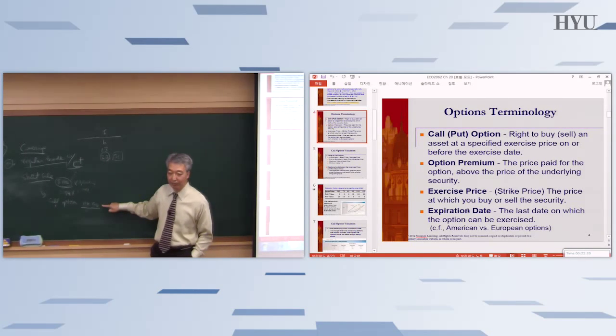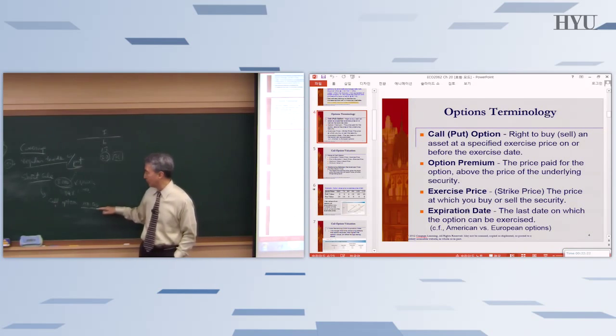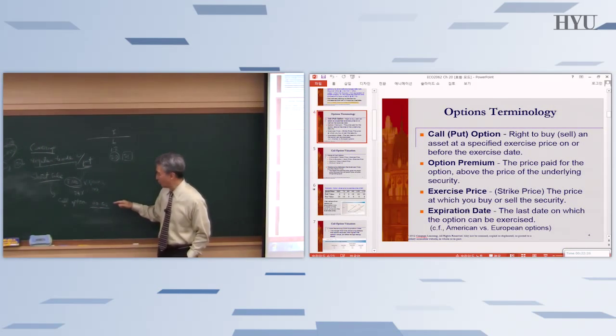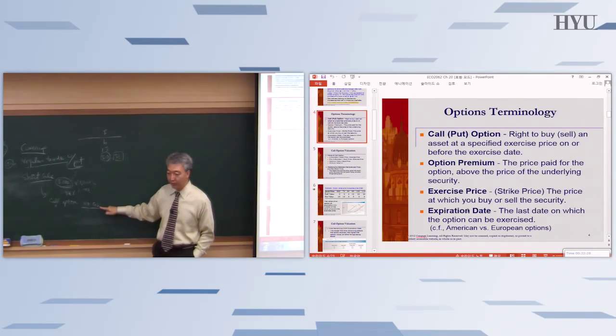If something bad happens, and if you really think that this stock price is going to go down, right? What you're saying is in February, you have a right to purchase a Volkswagen stock at $110 each, right?